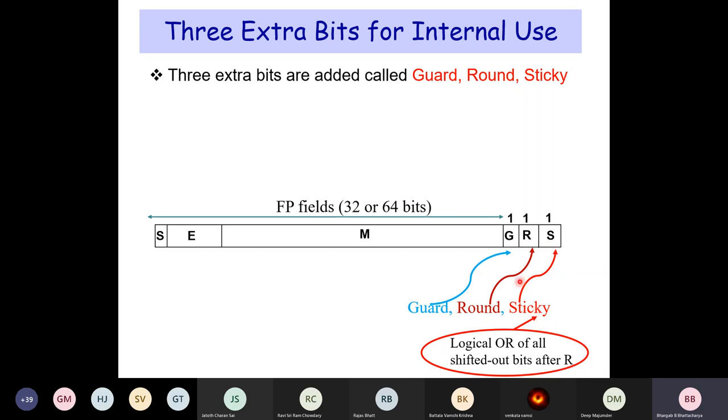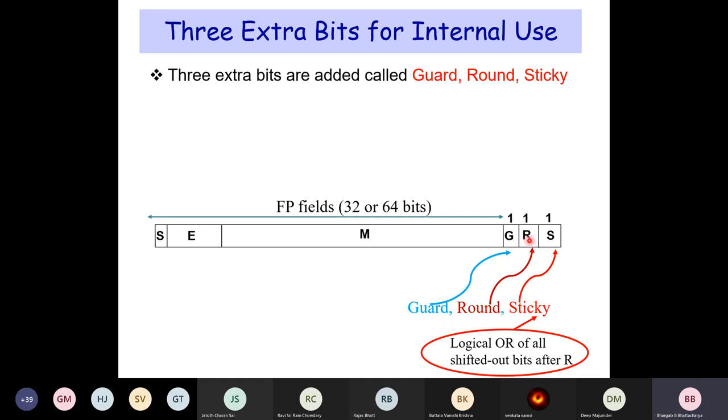So these guard bits, when you shift, many bits may be shifted. The last one which has been shifted, that is the most significant bit, as far as the shifted bits are concerned, is called the guard bit. And when you perform arithmetic operation, you do not ignore this bit. You consider this bit and operate on it in the arithmetic, so that it becomes more accurate.